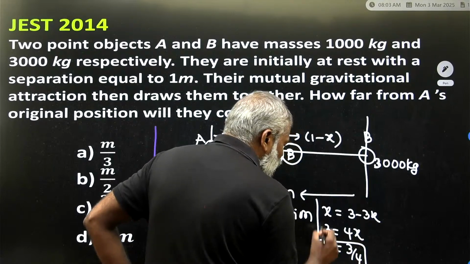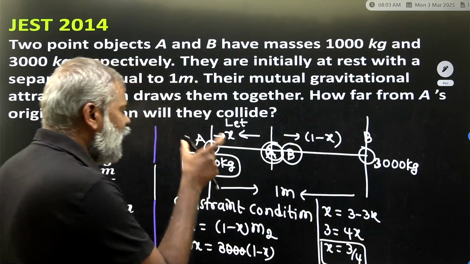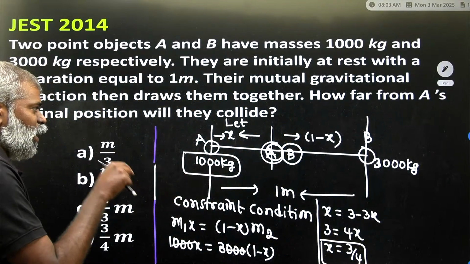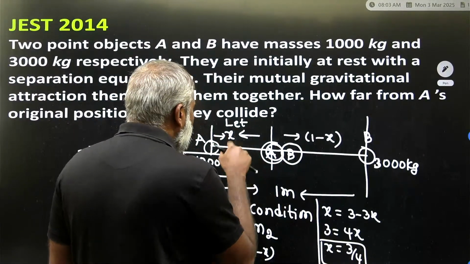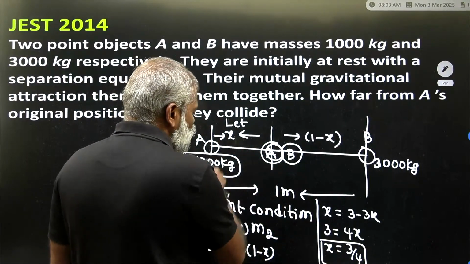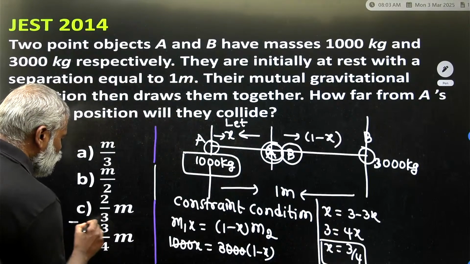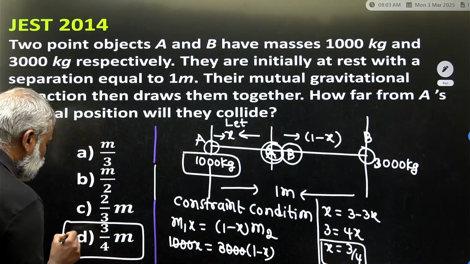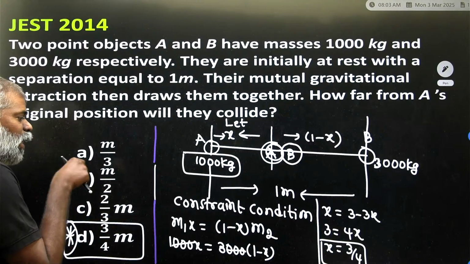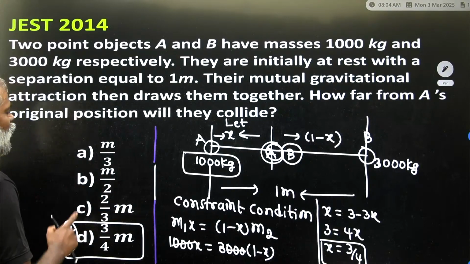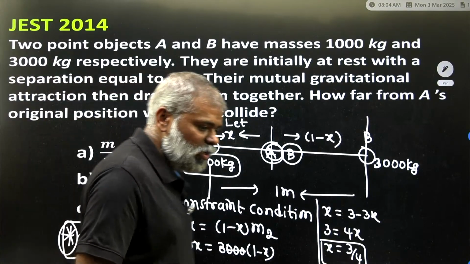So this is where it is located, exactly 3 by 4 of a meter from A's original position. This is your correct option, the correct answer.